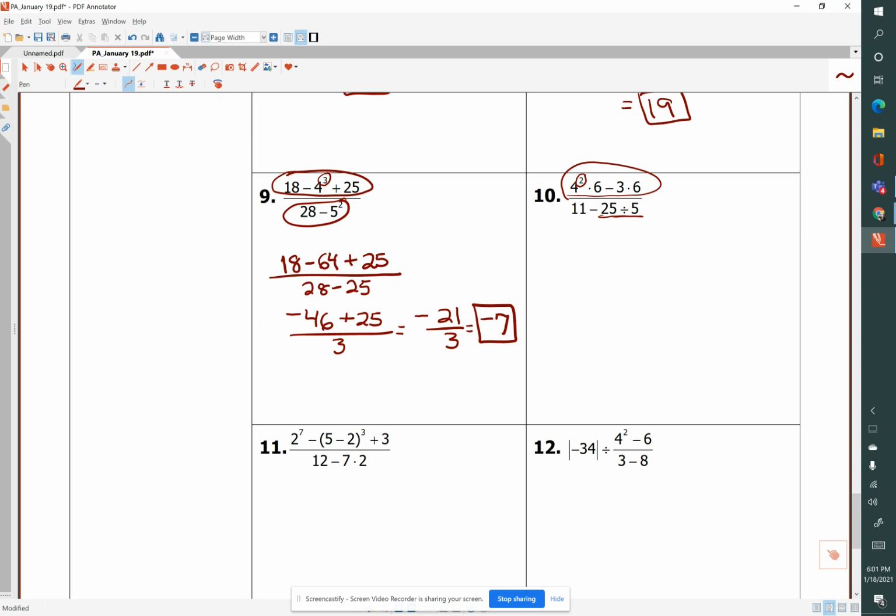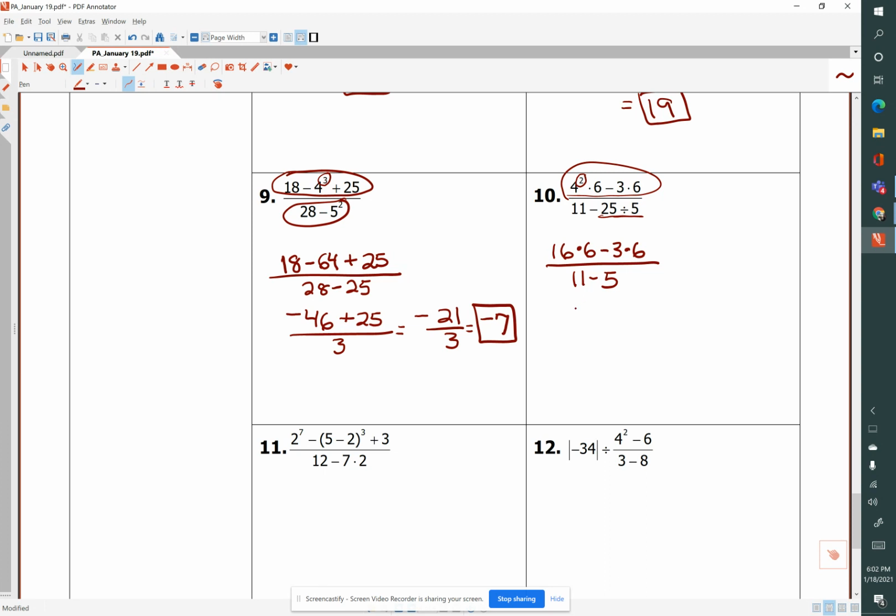We'll evaluate 4 to the second power, which is 4 times 4, which is 16, times 6 minus 3 times 6. And in the denominator, we'll evaluate 25 divided by 5. Okay, we can do that. 11 minus 25 divided by 5 is 5.